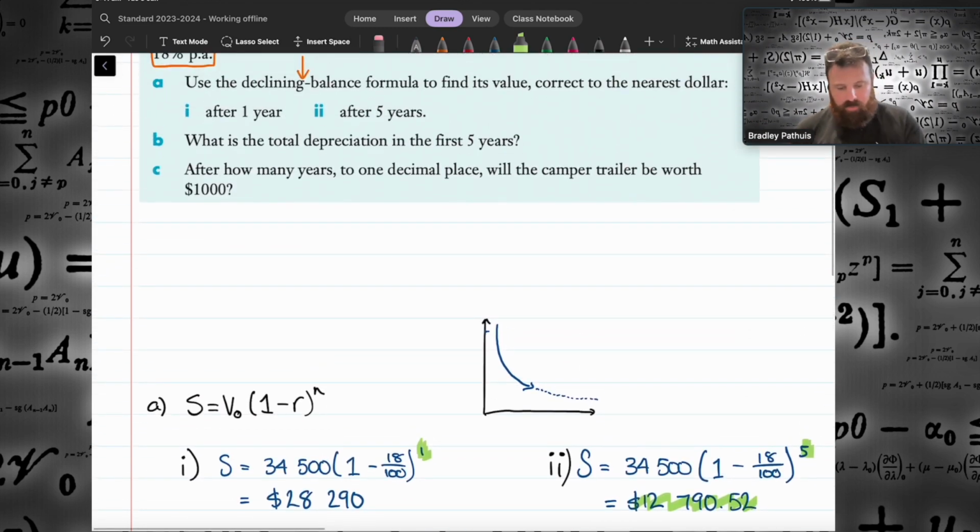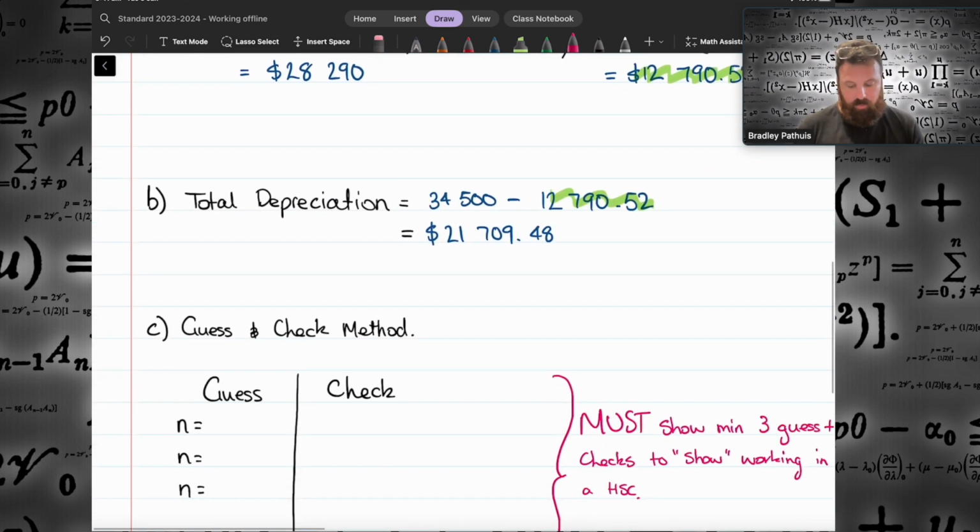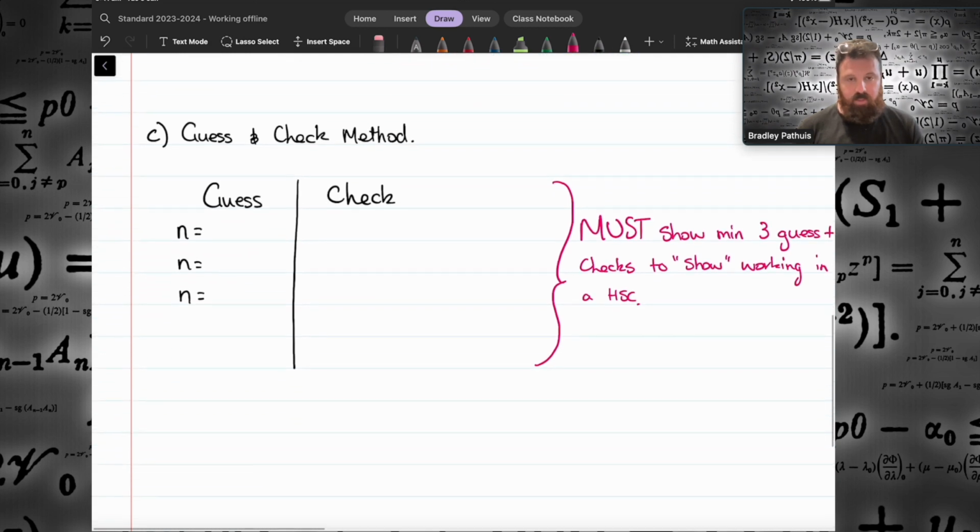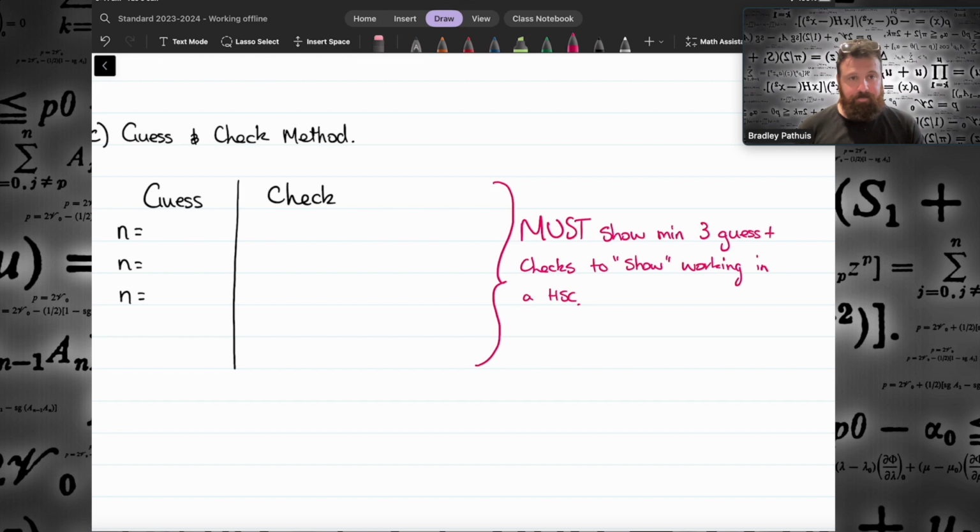Part C is the interesting one. Part C asks after how many years. So that means we don't know the value of n in our formula. And in the standard course, the only way that we can solve questions like this is to use the guess and check method. So with the guess and check method, you must show a minimum of 3 guesses to show that it's valid working out.